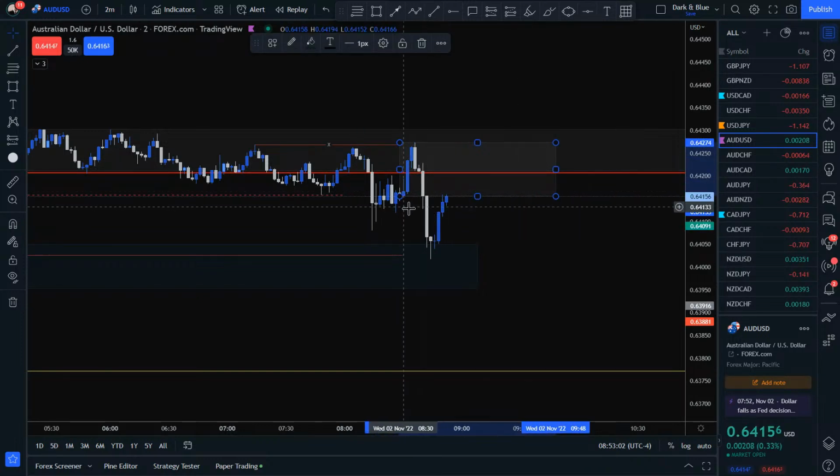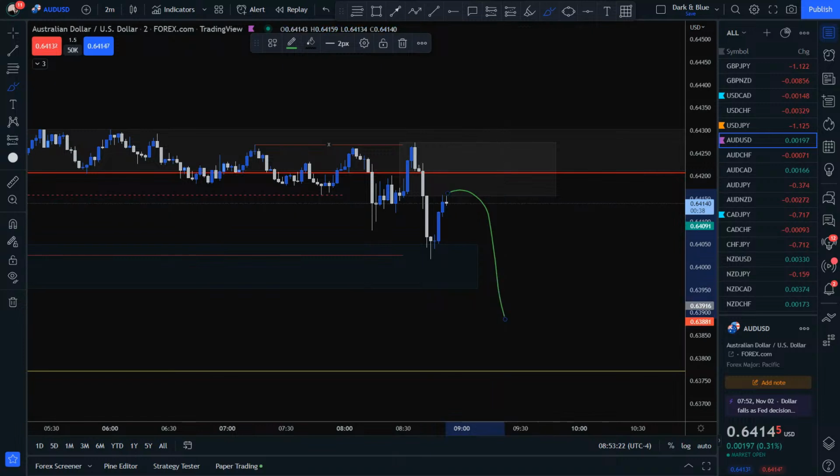I want to see when price touches the furthest area away. This is the distal end of this up move. And I think there's potential that price could turn bearish from here. That's just throwing out an idea for you.